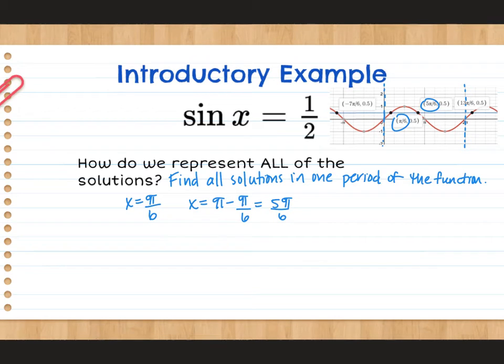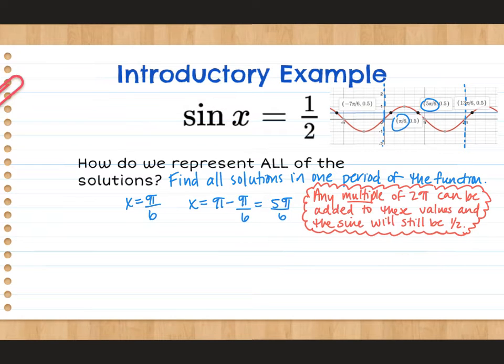Now, since we have a period of 2 pi in a sine function, any multiple of 2 pi can be added to these values and the sine will still be 1/2.